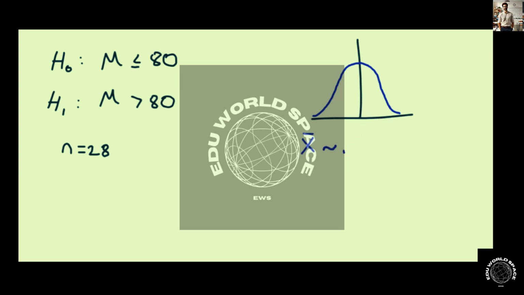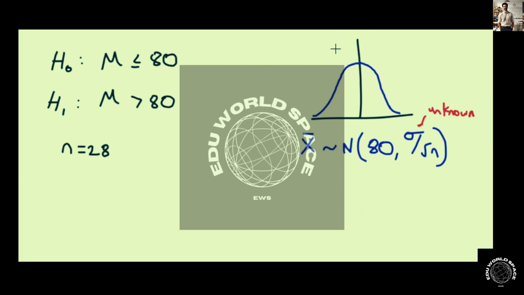So the sample means follow an approximately normal curve. Mean same as the population mean, which at most we think is 80. Standard deviation is sigma over root n. Sigma, the population standard deviation, is unknown. So this is going to be a t-test, since we're going to have to use the sample standard deviation.